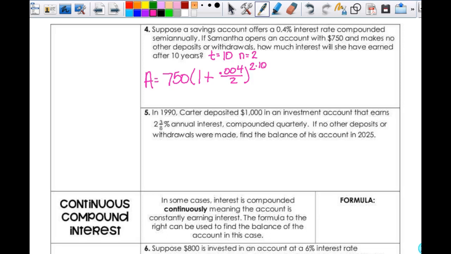All right, what do you want to tell me you got? 780.58. Okay. All right, y'all agree with that? Yes, so we're good? All right, we can box it and move on. What if I told you every single one of you would be wrong then?